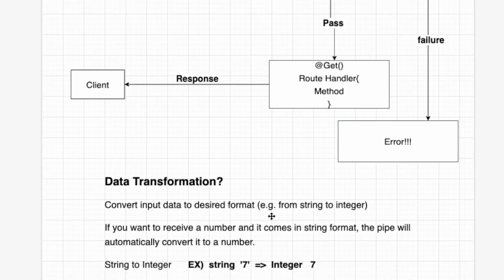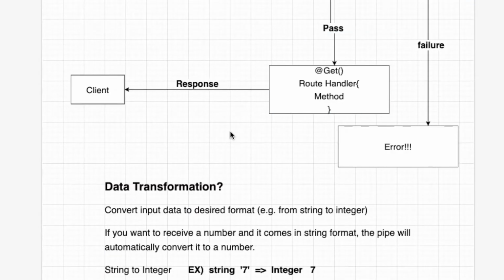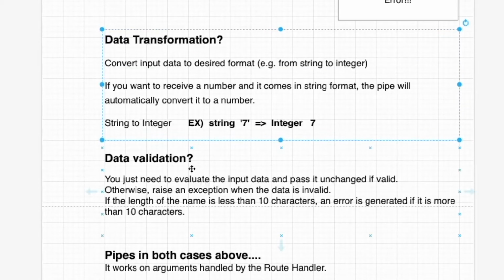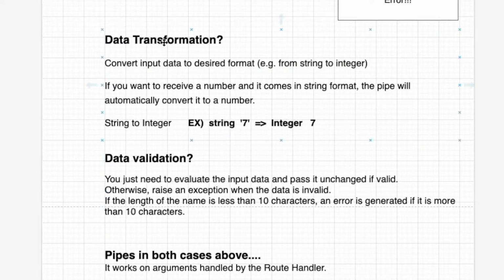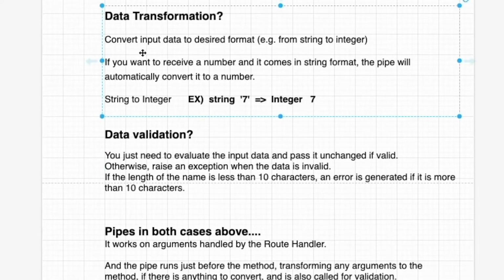So these pipes are used for transformation and data validation. We also need to know what transformation and validation are. Transformation converts input data to the desired format. For example, if the input value is a string, we want to change the string into an integer.